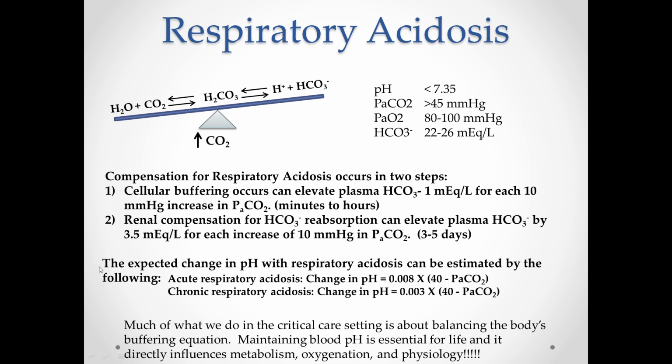So the ultimate expected change in pH with respiratory acidosis can be estimated by the following. In acute respiratory acidosis, the change in pH equals 0.008 times 40 minus the PaCO2. During a chronic respiratory acidosis, the change in pH can be 0.003 times 40 minus PaCO2.